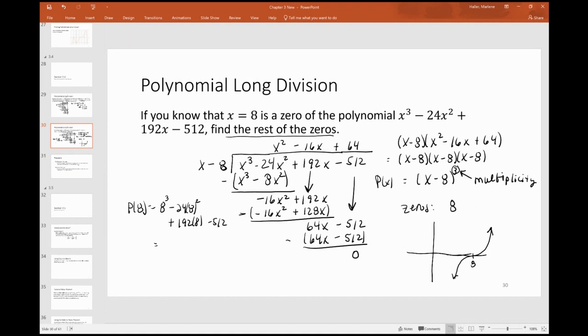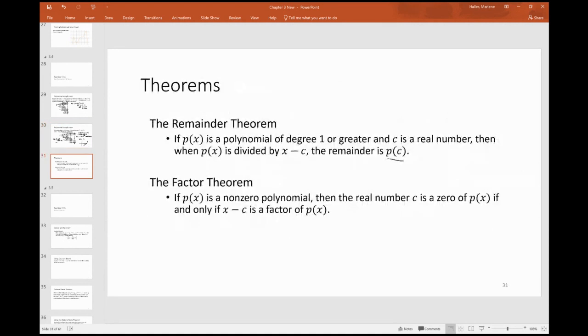Put that on my calculator, that should be 0. Let's run that in. I'm going to switch the screen to the calculator. I'll let you trust me. You can run those calculations and see that it's 0. All right, so that's the remainder theorem, very common sense.